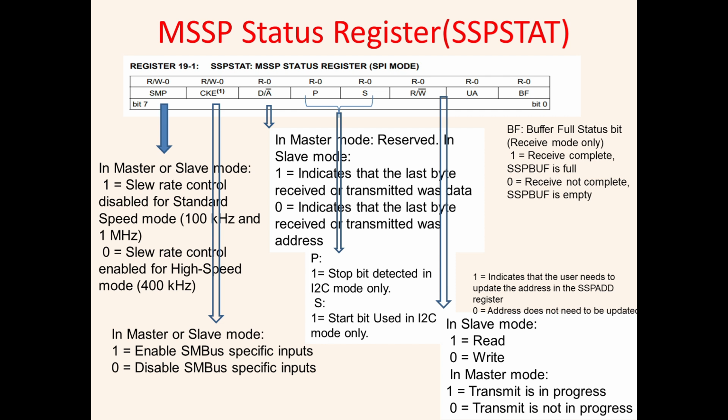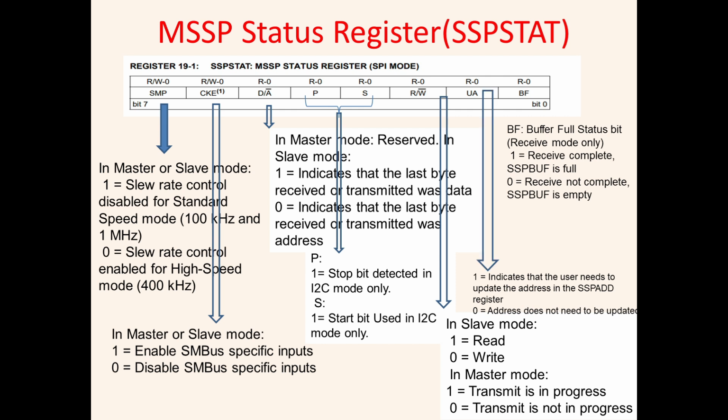Whenever you set this to 1, in slave mode it is the read mode of operation, and if it is 0, then it is write mode of operation. For master conditions it is completely the reverse of the slave: 1 indicates the transmission is in process, whereas 0 indicates that transmission is not in process.